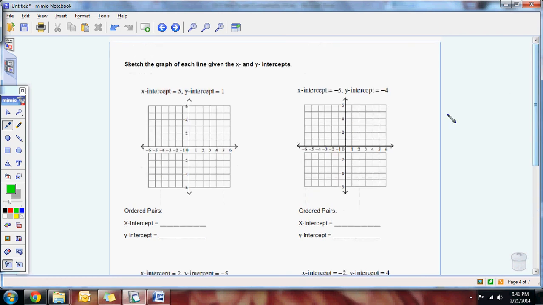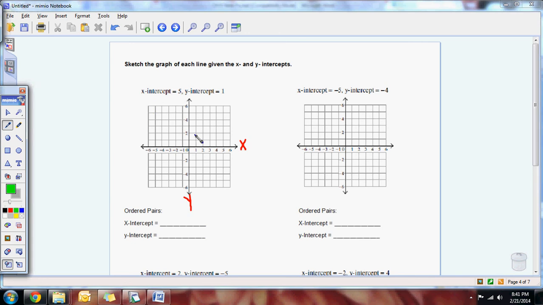So if we look at these top ones, I'm telling you up here that the x-intercept is 5 and the y-intercept is 1. So always start again by labeling your x and your y-axis. And if my x-intercept is 5, I'm going to find my x-axis. I'm going to find 5. So that would be right here. And then my y-intercept is 1. So on my y-axis, I'm going to go to 1.